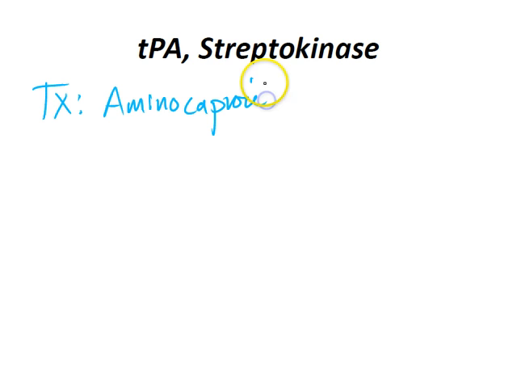And TPA, streptokinase, you only got 2 more, so hang in there. If you overdose on TPA or streptokinase, the treatment is aminocaproic acid. And what about warfarin? Warfarin toxicity, everybody loves that one.